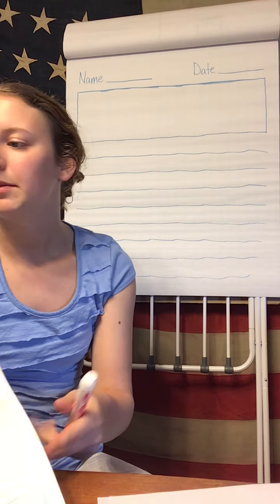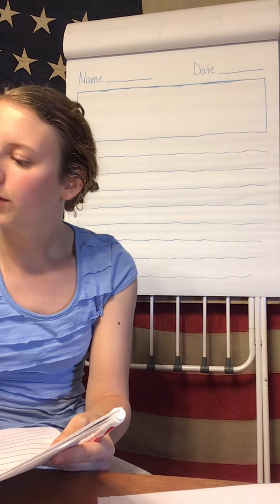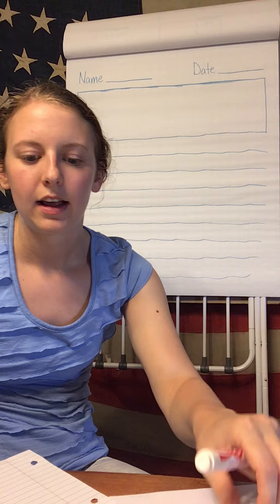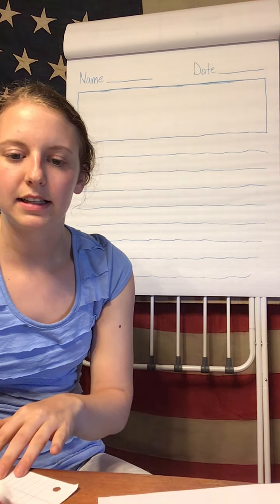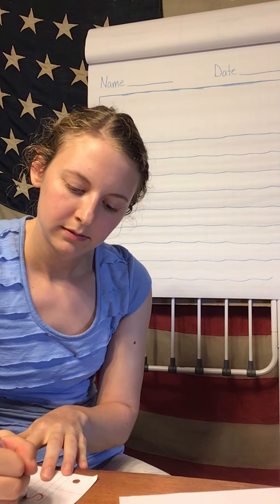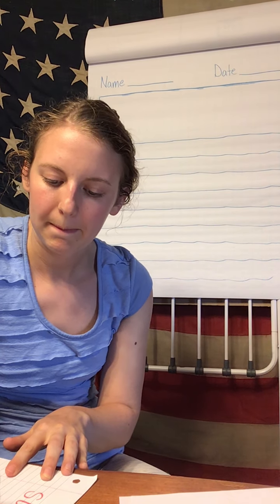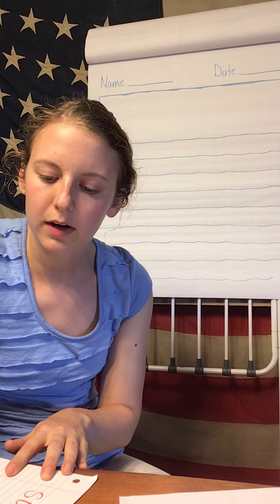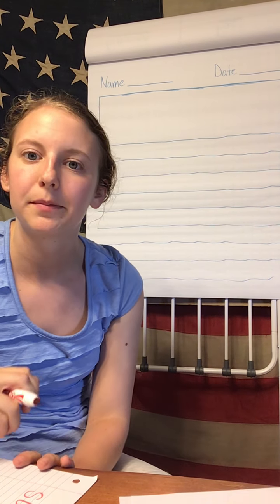So I'm going to think about different summer activities. I'm going to go ahead and write them down for you so that you can keep track if you want to use this for your writing. So some summer activities could be swimming. Maybe you love going swimming during the summer.